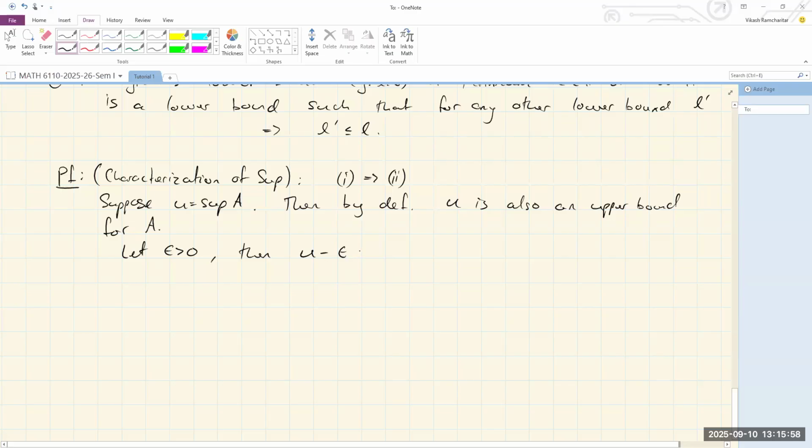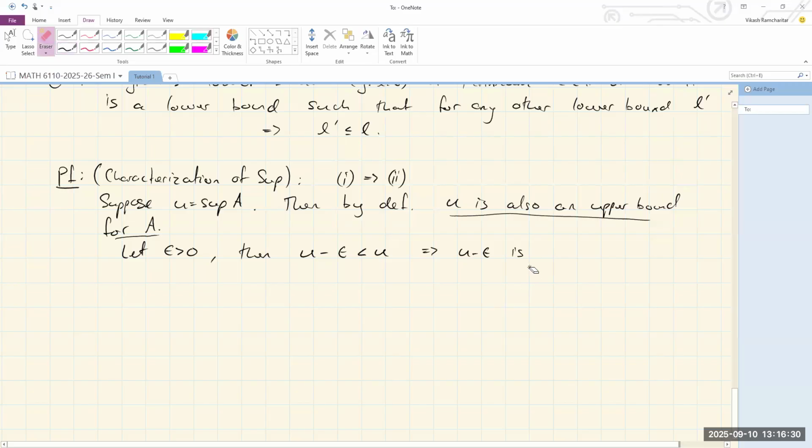Notice that U minus epsilon is of course less than U. This is the proof right here, because U is an upper bound for A. If U minus epsilon is less than an upper bound, it means that U minus epsilon is not an upper bound, or cannot be.